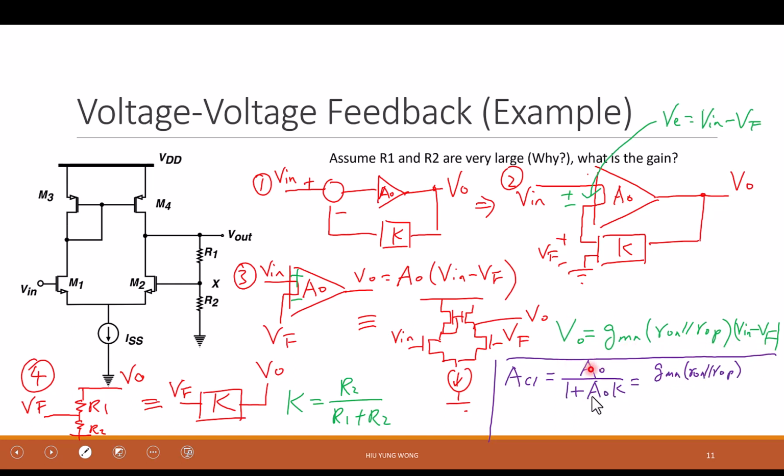But now you want to put AO, the gain, which is only this part. Okay? So then the whole thing divided by 1 plus this one. Again, the whole thing, and then multiplied by this K, R2 divided by R1 plus R2. Can I write?